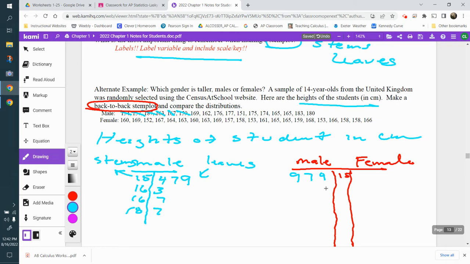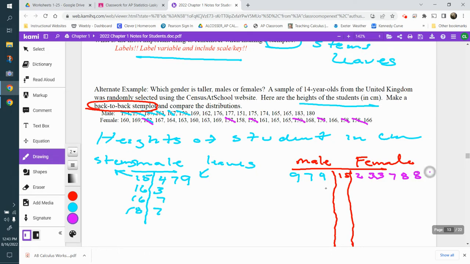But for the females, I have a 152. Let me do theirs in purple. So I've got a 152, and I've got a 153 and another 153, so you got to write it twice. And then let's go find more: a 157, and then I have a 158 and another 158, and a 159.